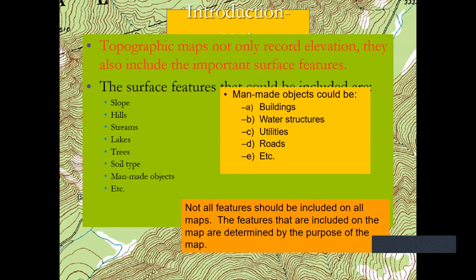Now, it's not necessary that all features should be included on the maps, but according to the purpose it is shown. But let me remind you, in today's world, you draw all the features that are highlighted here in a topographic map.